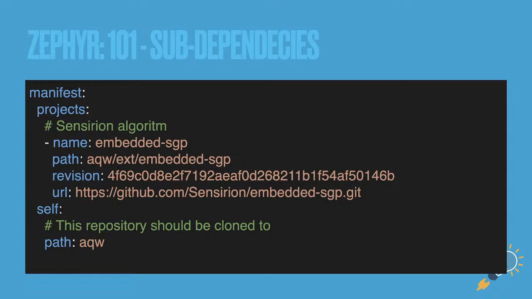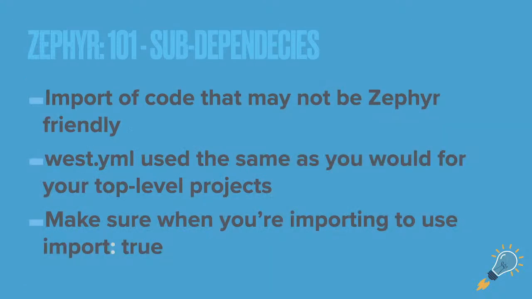Again, that project is not very Zephyr friendly, so you might have to do some extra finagling to get it to work, but in this case, I think I actually did some strategic changes in a local CMake that allow it to pull these files from this embedded sgp.git repository. So something to keep in mind.